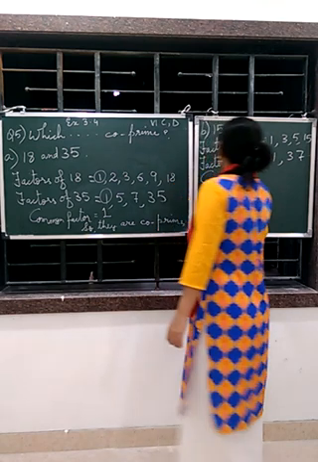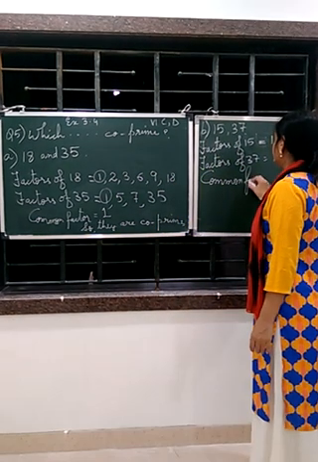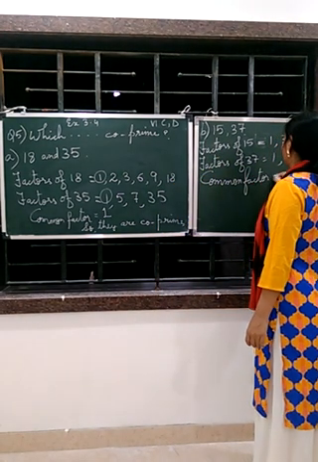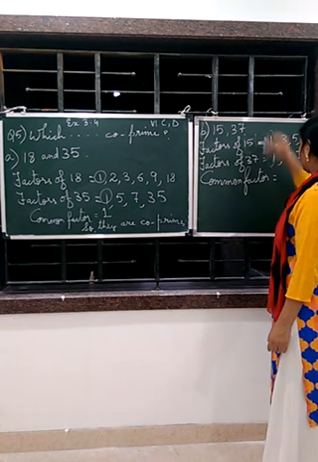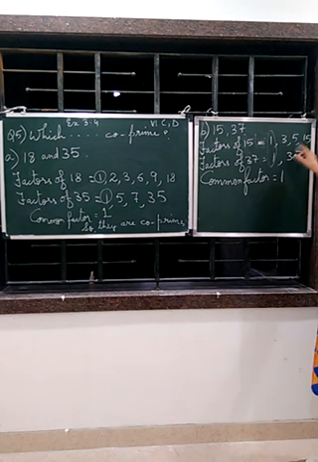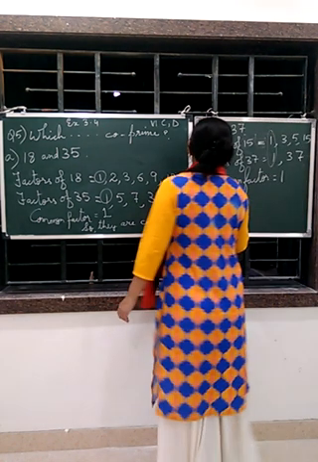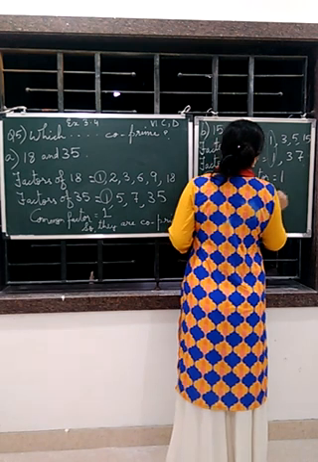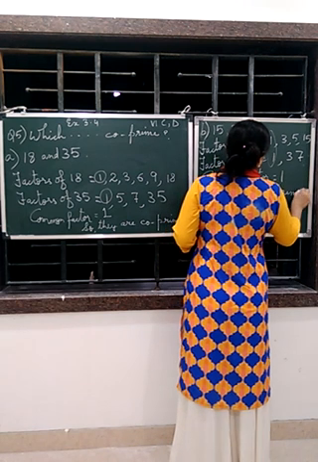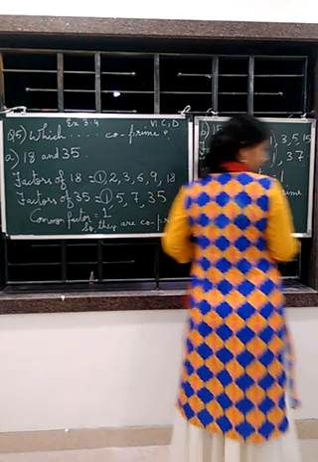So the common factor will be only and only 1. Is anything else common? No. This is 3 and this is 37. So only 1 is common, that means they are co-prime.